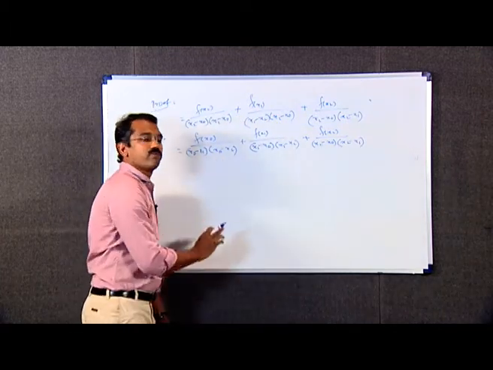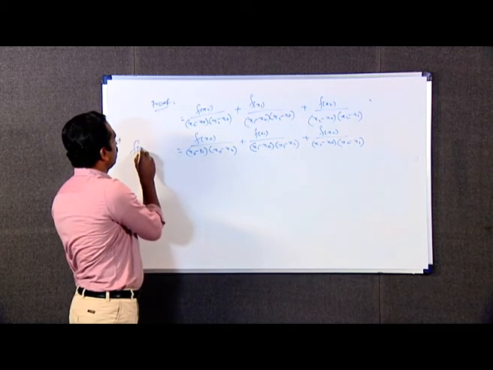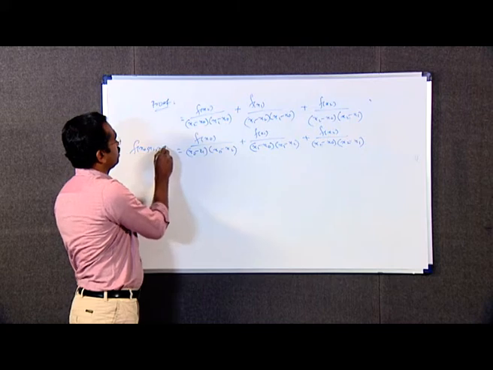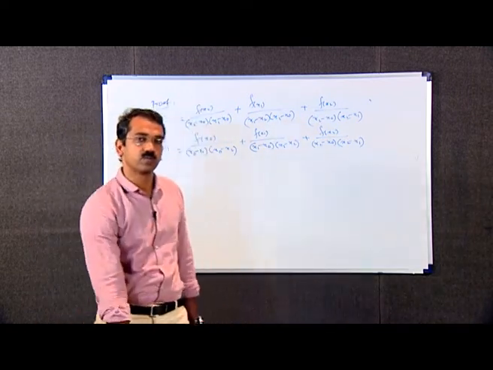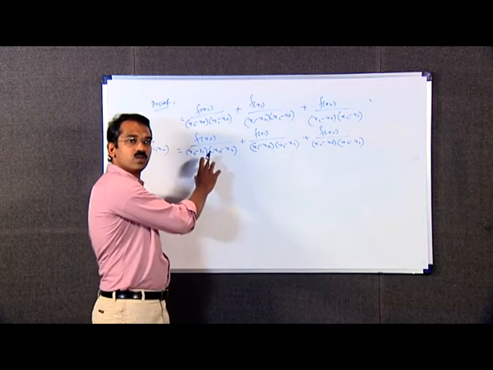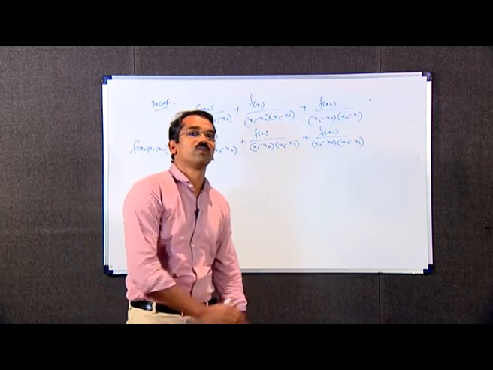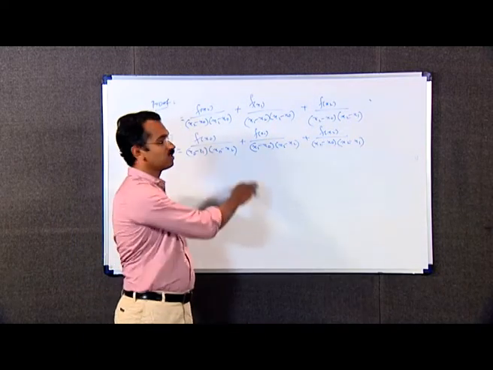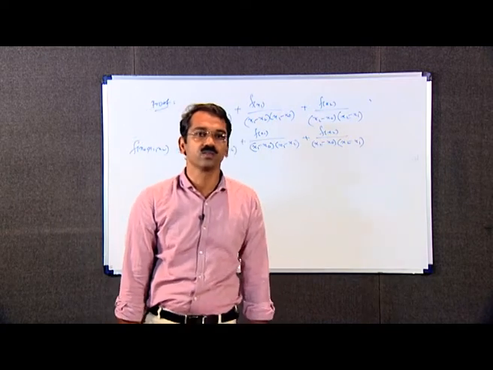We have to observe that this f of x0, x1, x2, the second order divided difference corresponding to arguments x0, x1 and x2, is not altered when any two of the arguments are interchanged and hence symmetric in the arguments.